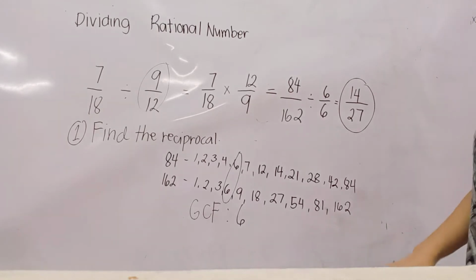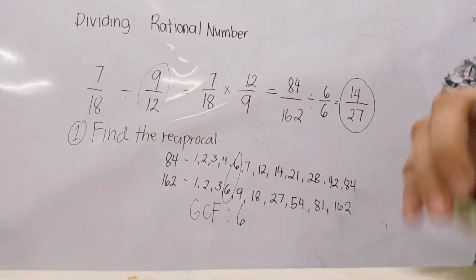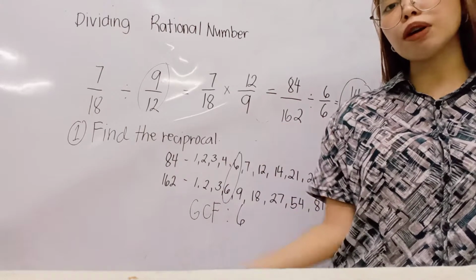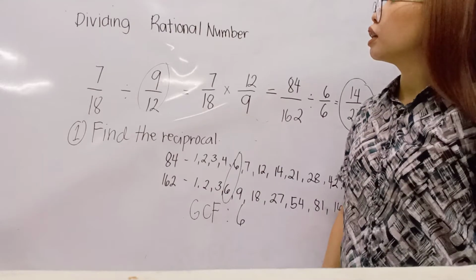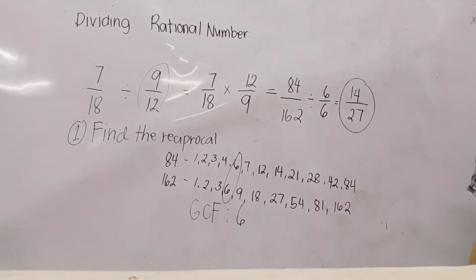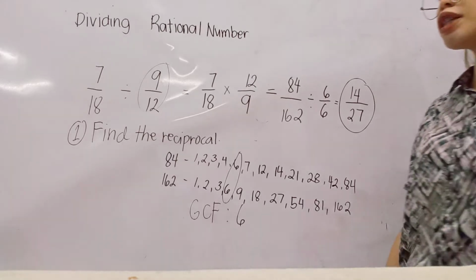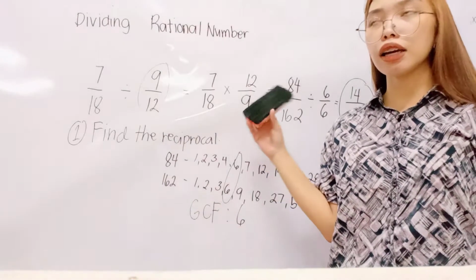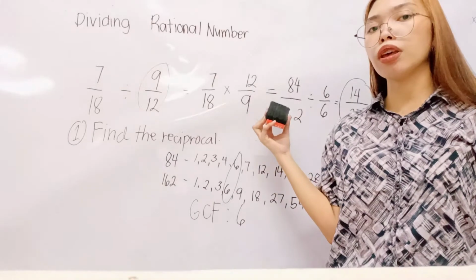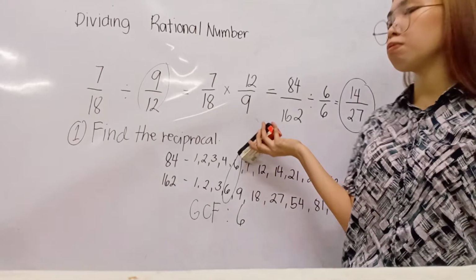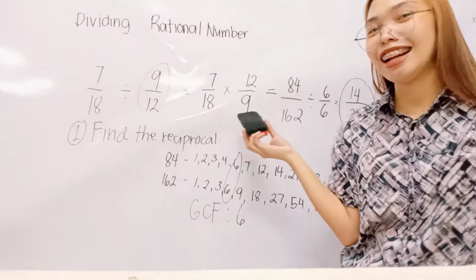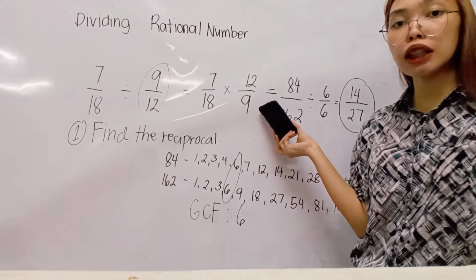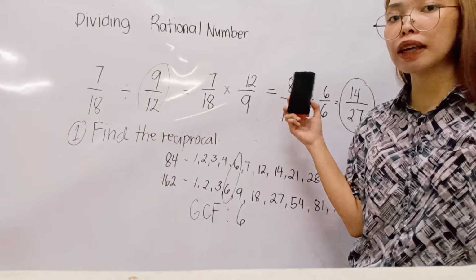Okay? So, that is the rule. That is the process on how we are going to divide rational numbers or divide fractions. Again, first we have to get the reciprocal of the second fraction, and then when we already get the reciprocal, we will proceed now to multiplication.